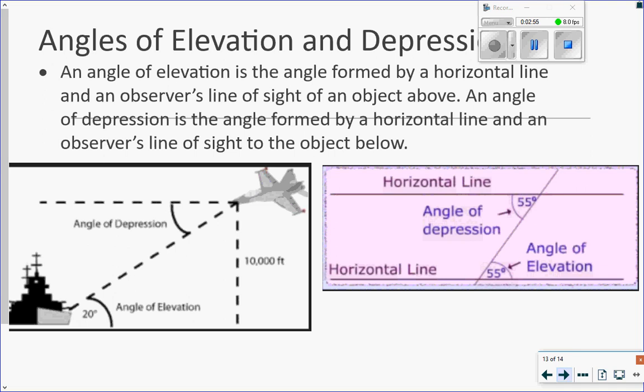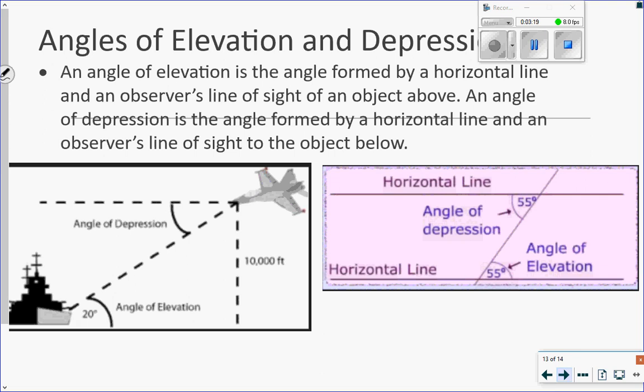Now here, what you have is a nice little sketch, two actually nice little sketches of angles of depression and elevation. I particularly like this one over here on the right because it shows you the 55 and the 55. Why is that important? Because the angle of depression and the angle of elevation are really the same amount.